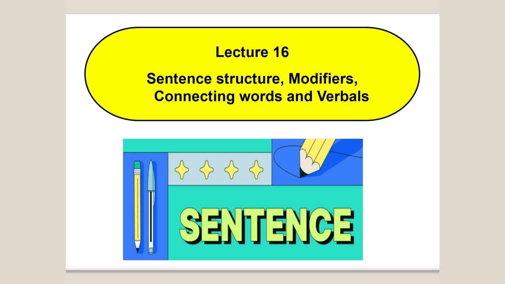That may be a simple sentence, a compound sentence, or a complex sentence. These all things we will learn, because without knowing the sentence structures, modifiers or the connecting words, we cannot make sense of any literature. So for that reason, this course deals with the learning of sentence structure and all.